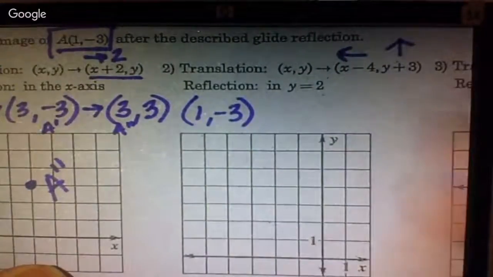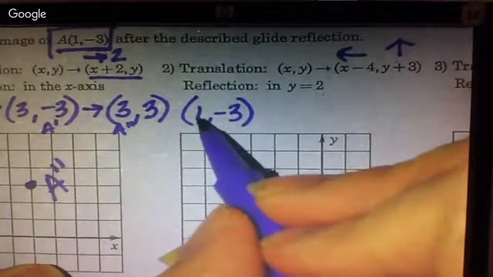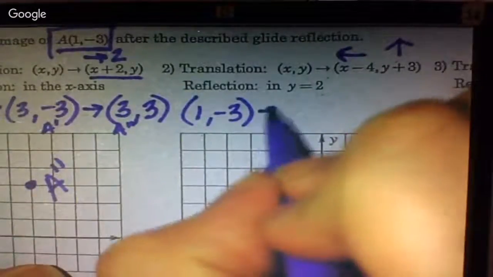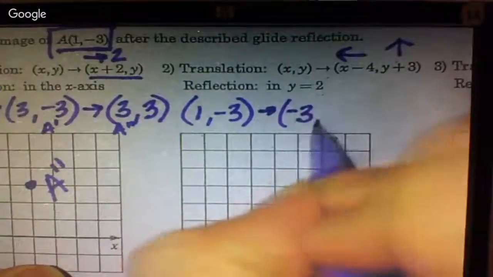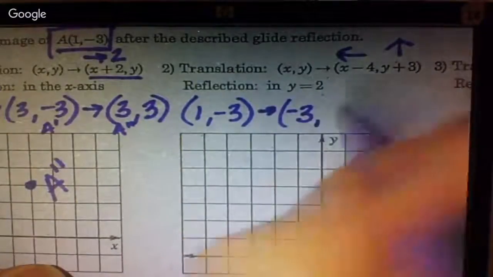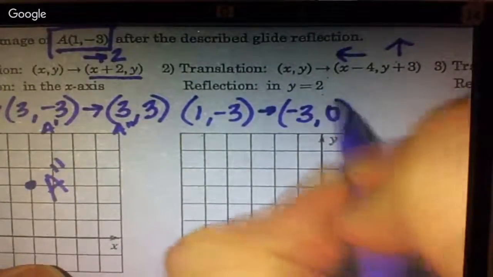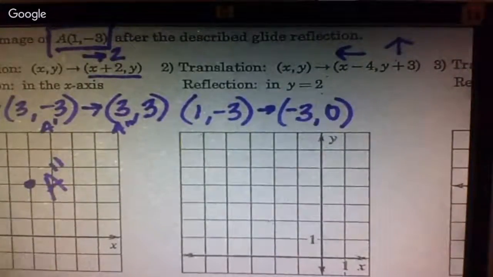Good. So we subtract 4 from 1, which gives me -3. And add 3 to -3, and that gives me 0. Now they want us to reflect in the line y = 2.